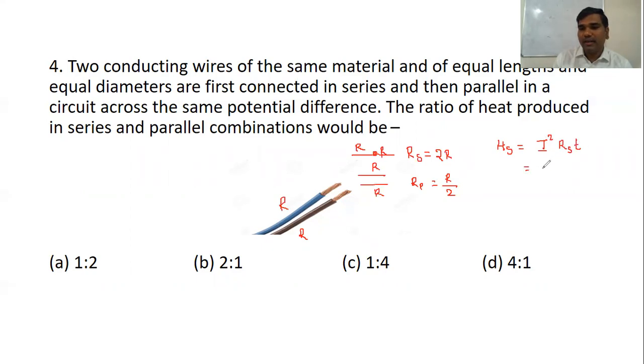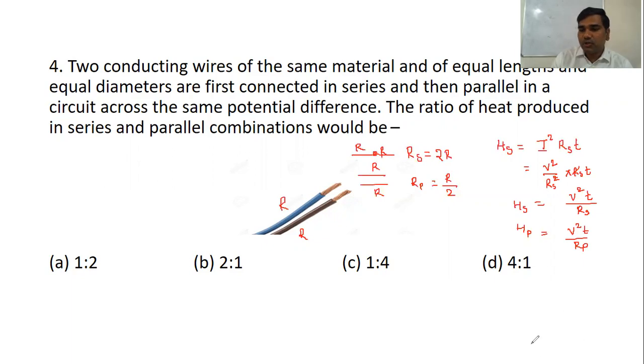Here it is resistance in series, so I square can be written as V square by RS square, into RS into T. The RS gets cancelled. We have V square T by RS. This is the heat produced in series. Similarly, heat produced in parallel is V square T by RP.